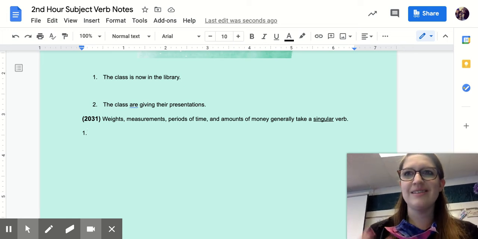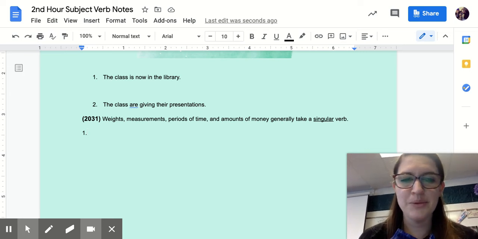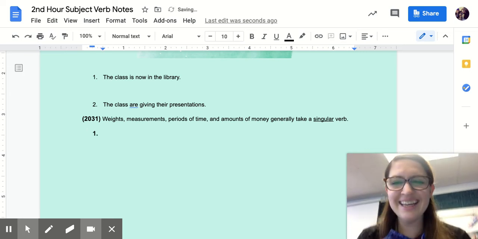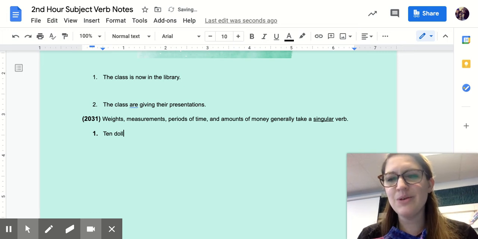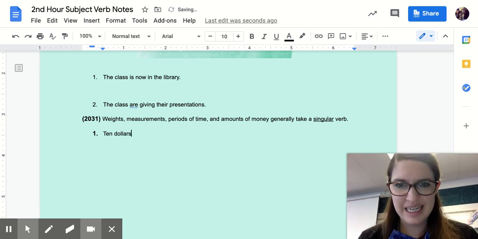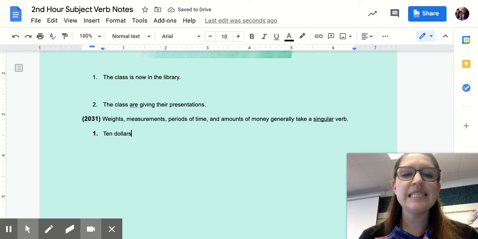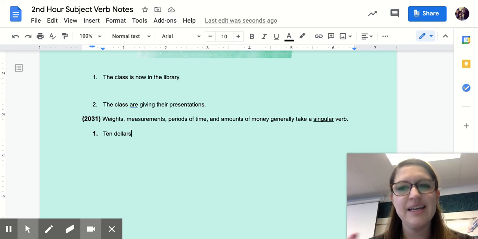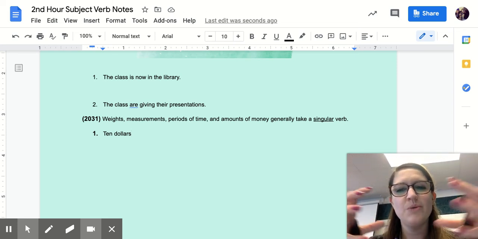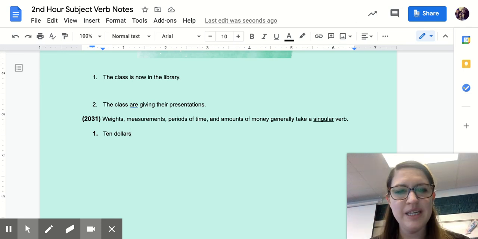You would say $10 is a lot of money. Maybe when you were a kid you thought it was a lot of money, but anyway. So anytime you have one of those weights, measurements, periods of time, amounts of money, it's a singular concept because again, kind of like with the collective nouns, we're talking about the $10 as one unit.